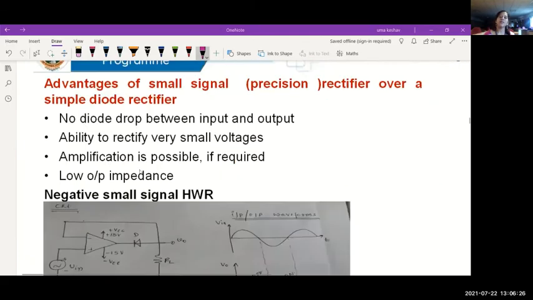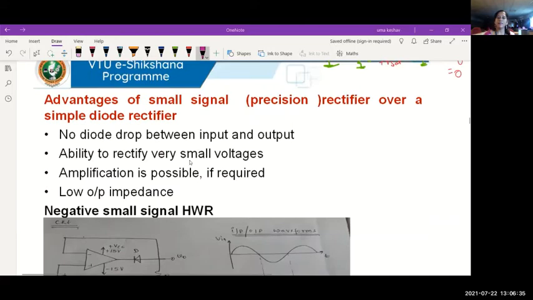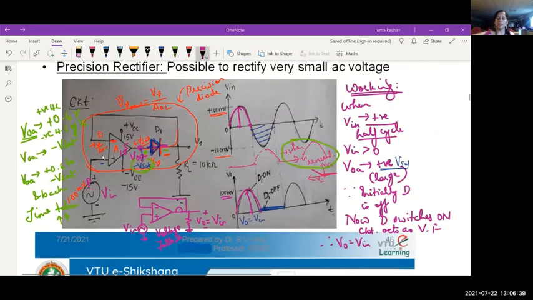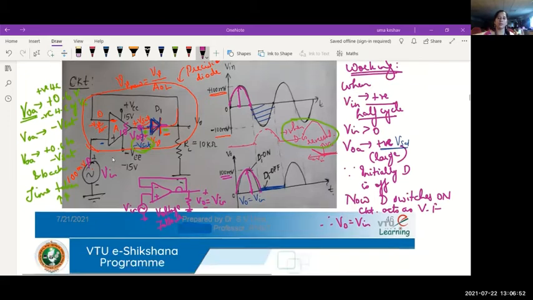And it has a low output impedance, which is a great advantage. We know any circuit should have high input impedance and low output impedance. In the first circuit where I have given input to the non-inverting terminal, the input impedance will also be high. Remember, we already derived in module 4 that a non-inverting amplifier has a very high input impedance and low output impedance.